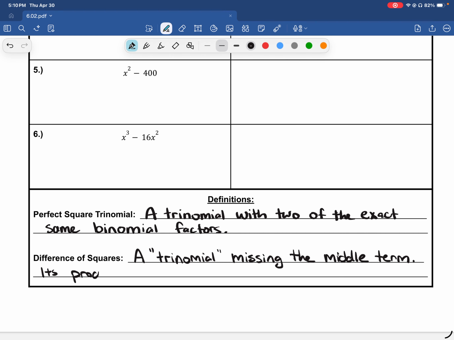Its product is a negative perfect square. And it adds to 0.